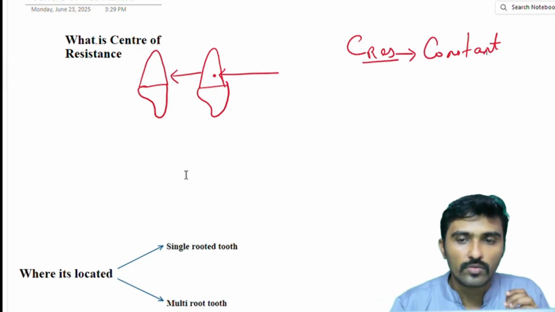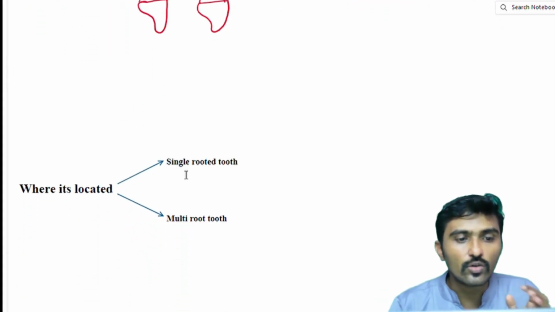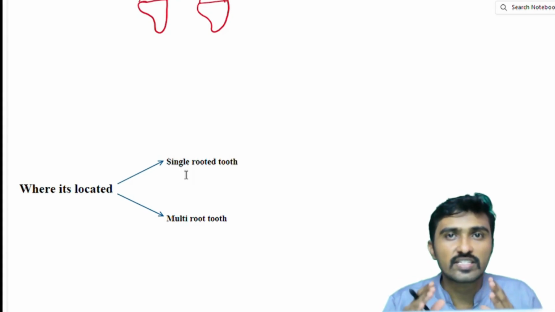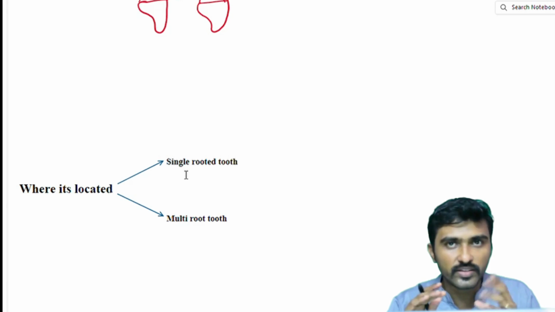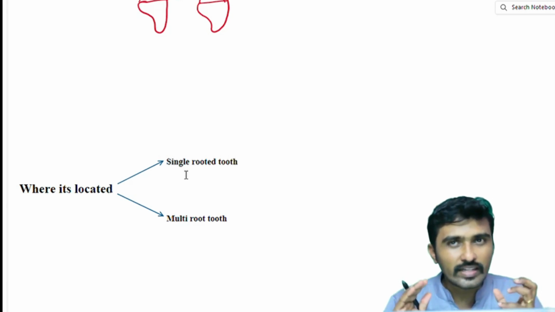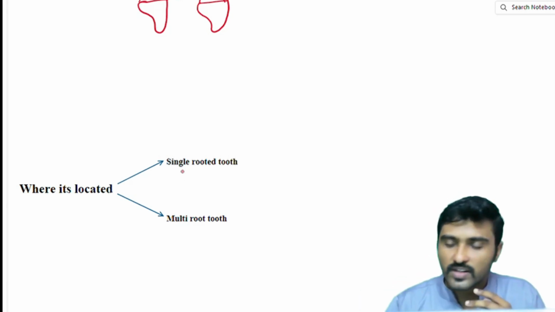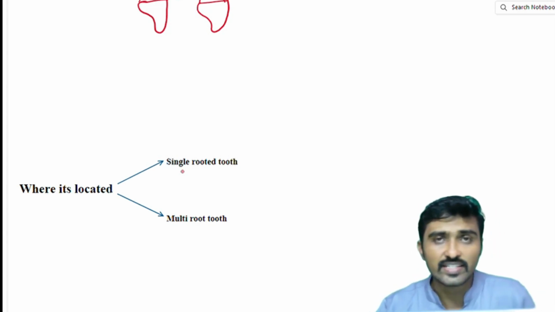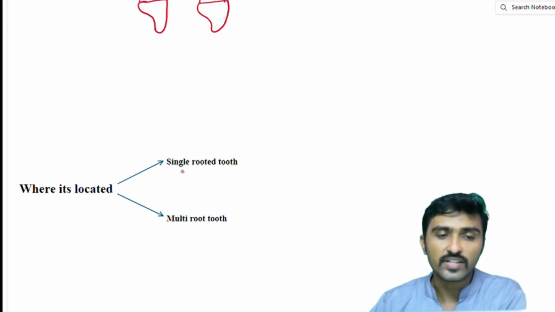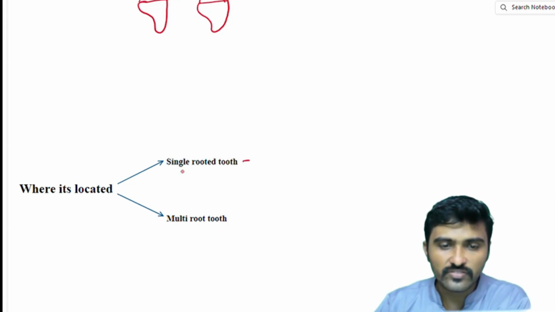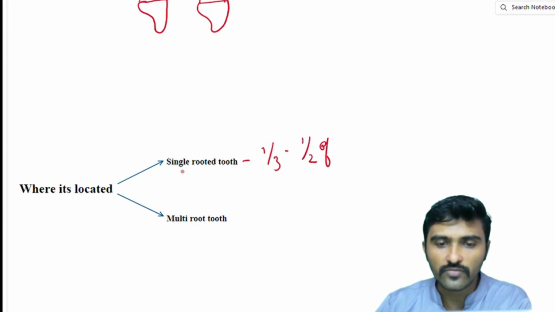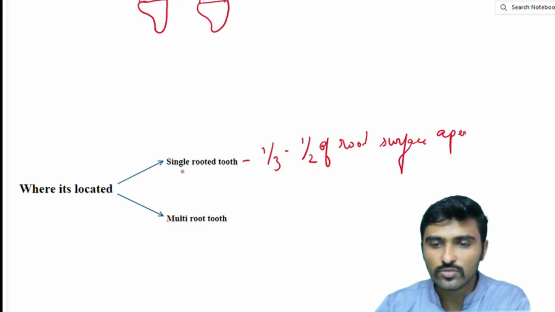Now, having said this, let us get to know where this center of resistance point is actually located. For this, Dr. Proffit clearly said that for a single rooted tooth like incisors and canines, the center of resistance lies somewhere between 1/3 to 1/2 of the root surface from apex to alveolar crest.